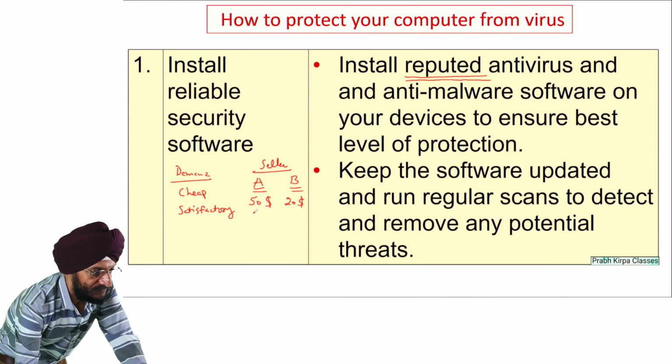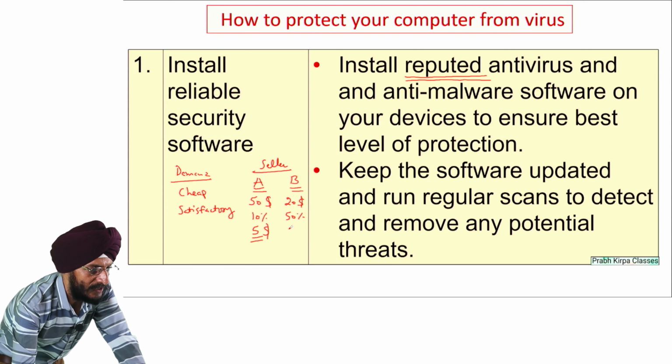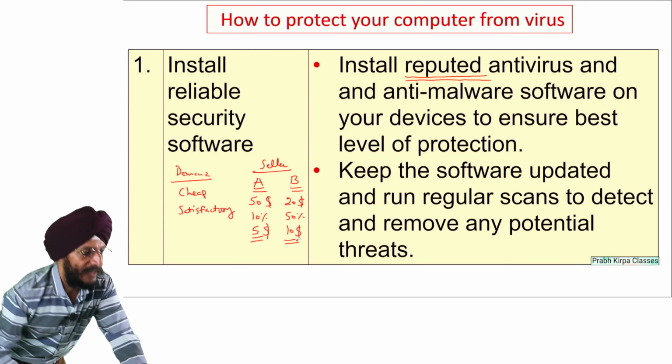In this branded antivirus or anti-malware, he gets a commission of 10%. In the other, unbranded, he gets 50% commission. In other words, he will get a commission of $55 in the branded case, and in case of the unbranded product, he will get a commission of, say, $10.